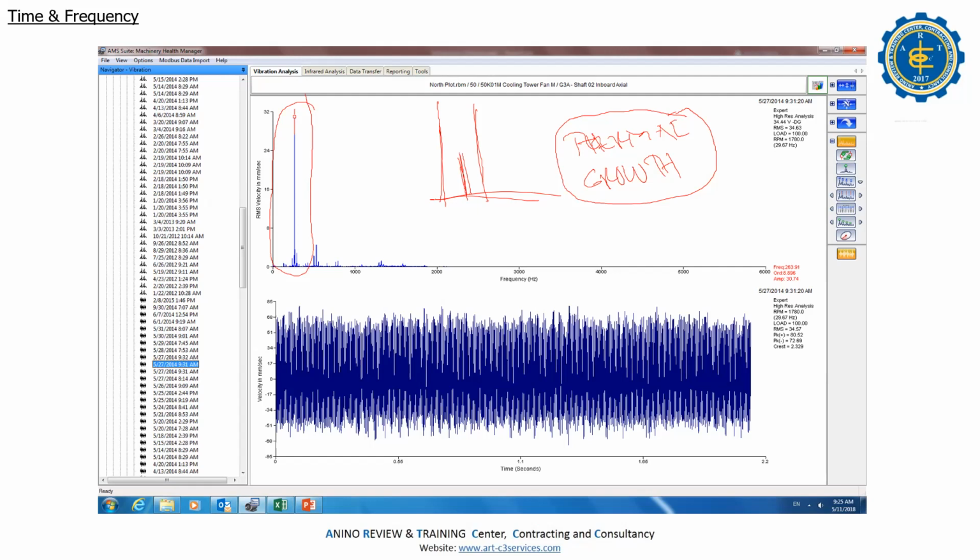So sir, do you also do motor current analysis? Motor current analysis? No. We get the data and then we have to analyze also.